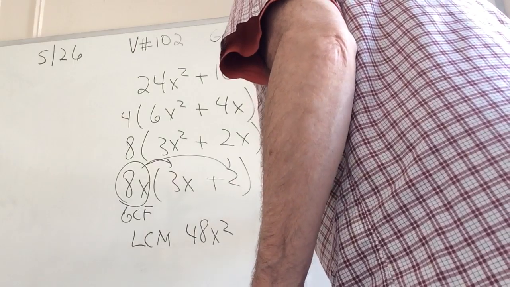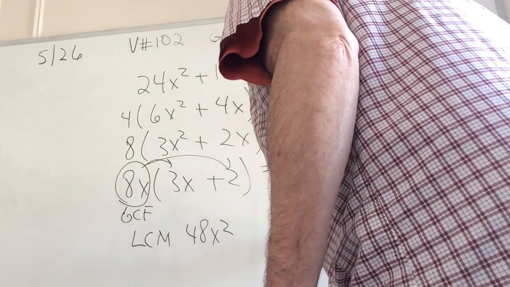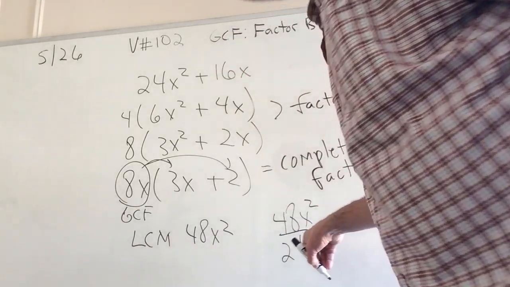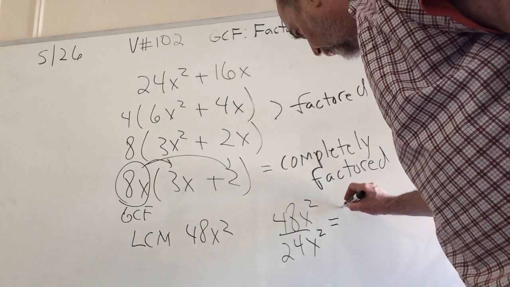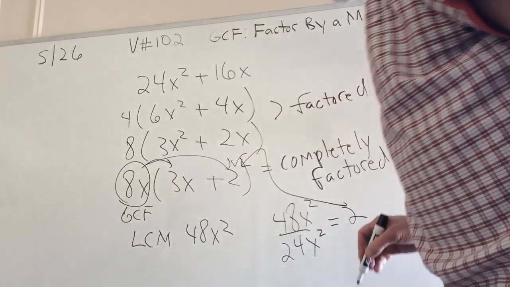48x squared divided by 24x squared, and this is where we're heading, by the way, we'll be doing this pretty soon, equals 2. So I check that off. Draw an arrow there so you can see what I'm doing.